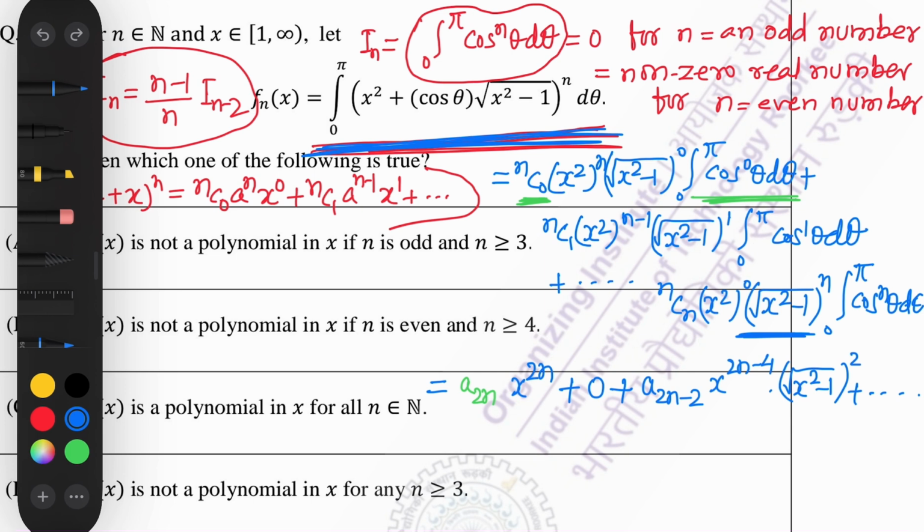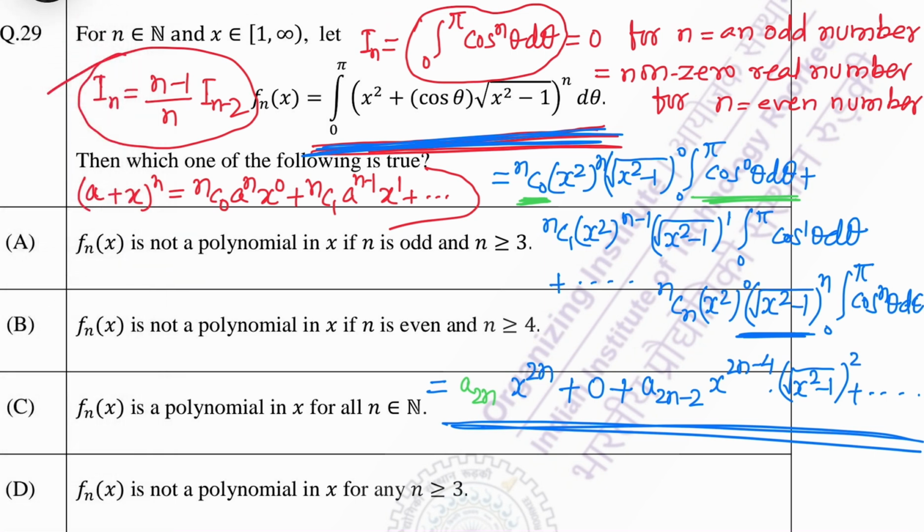And as I said earlier, the sum of two polynomials is a polynomial, the product of two polynomials is a polynomial, the product of one polynomial with a real number is again a polynomial. So this whole thing will be a polynomial for all n. So our correct option you see is C, option C. Okay.